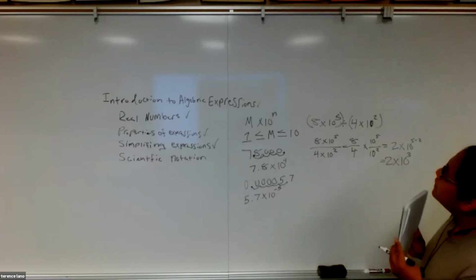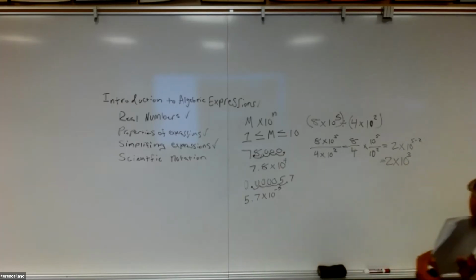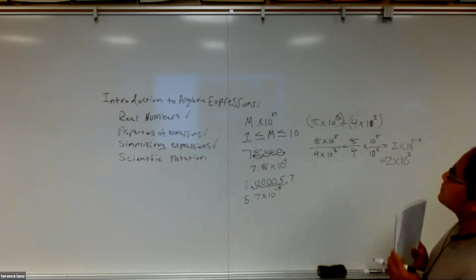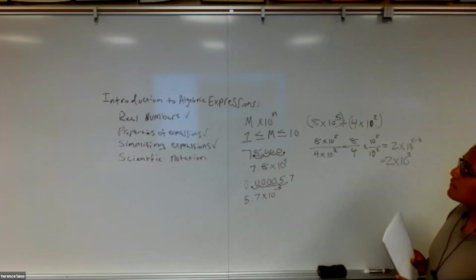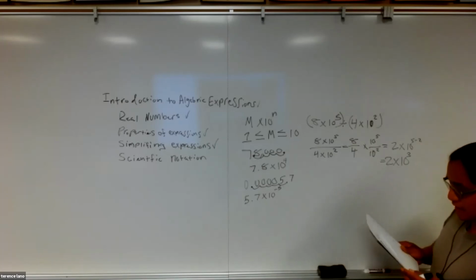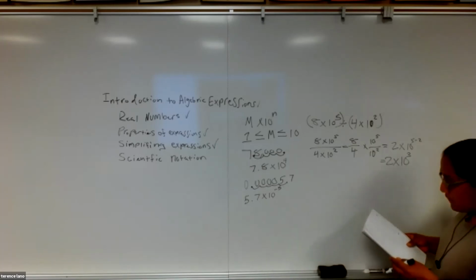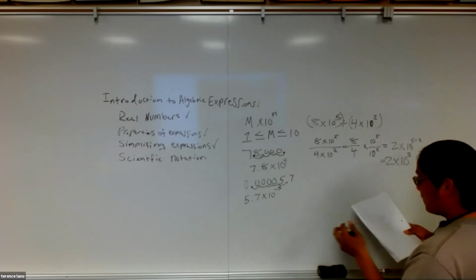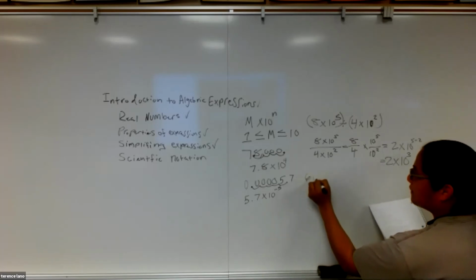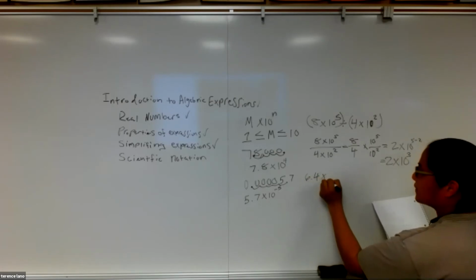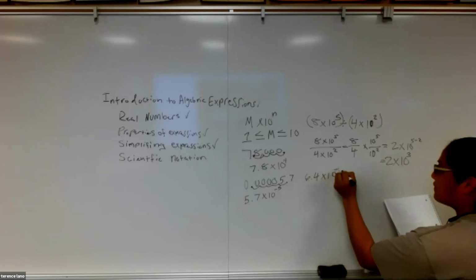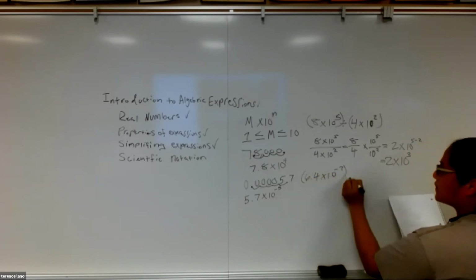And we can also be given a decimal scientific notation to divide out also. An example, we could be given like 6.4 times 10 to the negative 7.